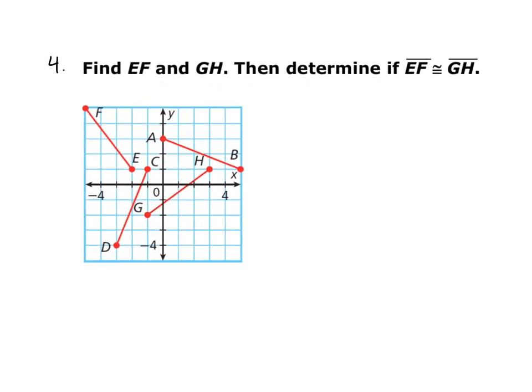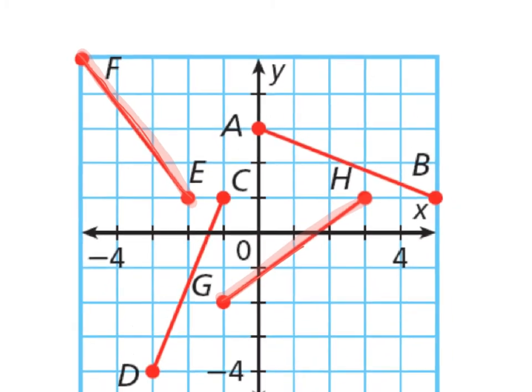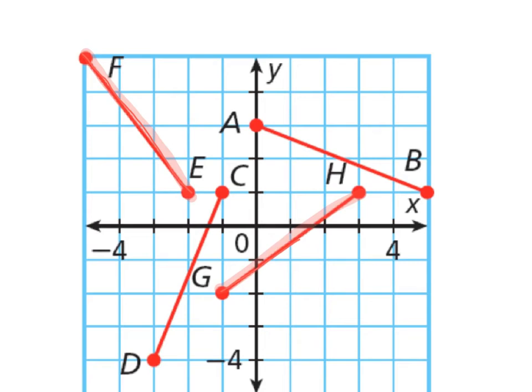Okay, last one. Find EF and GH, then determine if EF is congruent to GH. So we have this segment, EF and GH. So how would we find the length of EF and GH? What can we use?